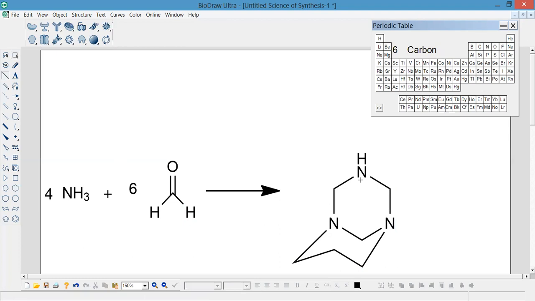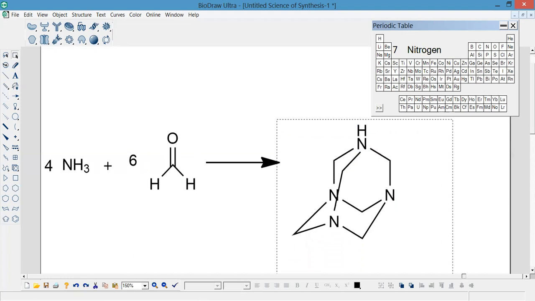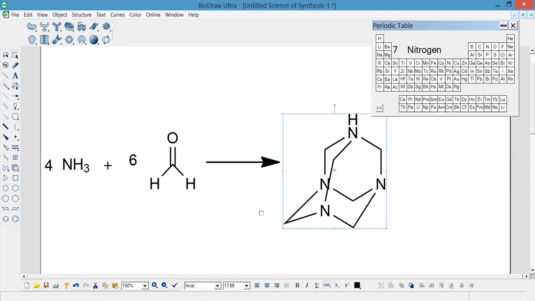Now select this bond again and put a nitrogen atom here. Select this bond and join it with this nitrogen atom to obtain hexamethylene tetramine. This is hexamine. This is the chemical reaction representing hexamine.